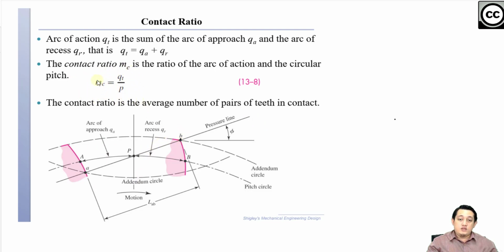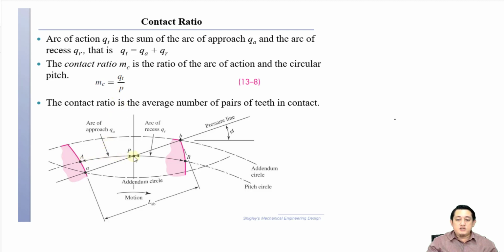MC, which is contact ratio, equals QT over P. Small p here is the circular pitch, and QT here is the sum of the arc of approach QA plus the arc of recess QR. The sum of QA plus QR over circular pitch is the contact ratio.